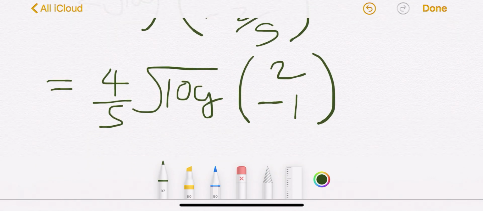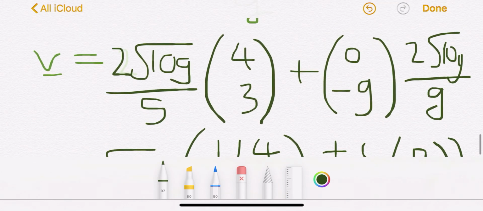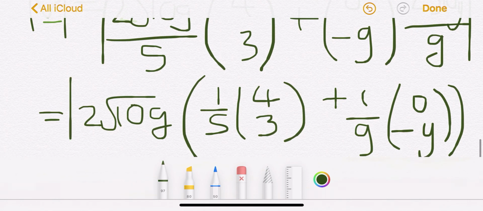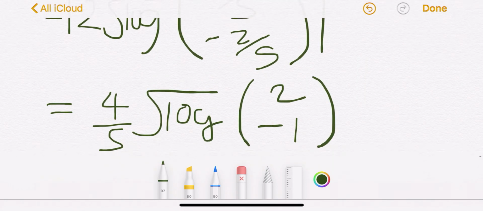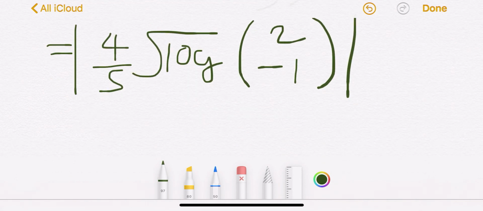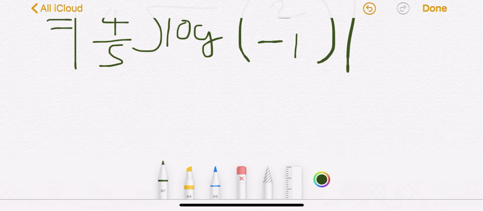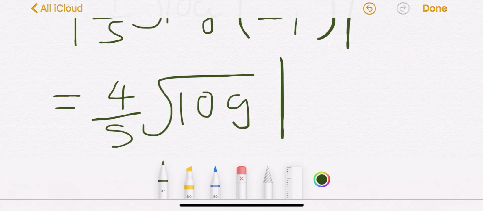The question actually asks for the speed, so we want to find the modulus of this whole thing. Well, the 4/5 root 10g is just a scalar, so that can come out of our modulus. So it's 4/5 root 10g multiplied by the modulus of 2, minus 1.